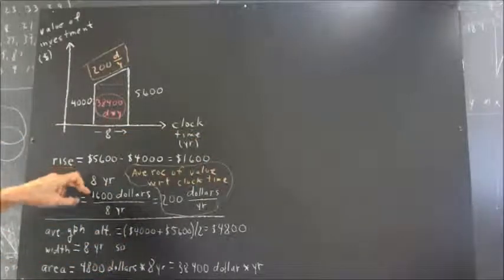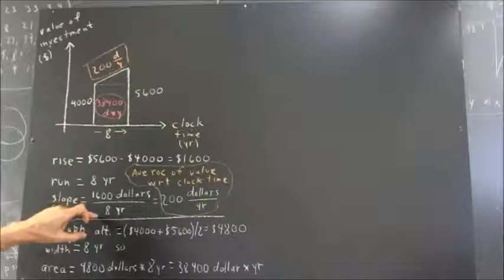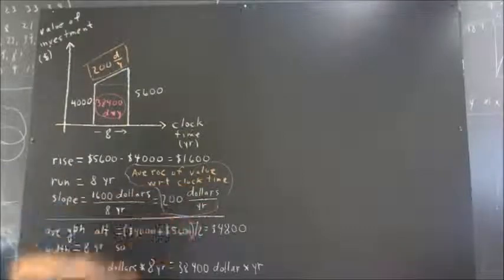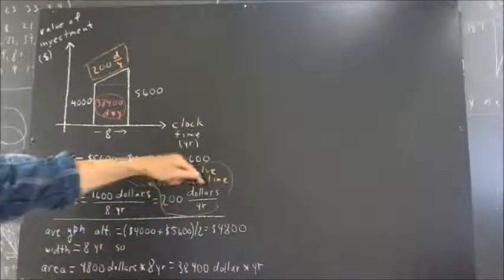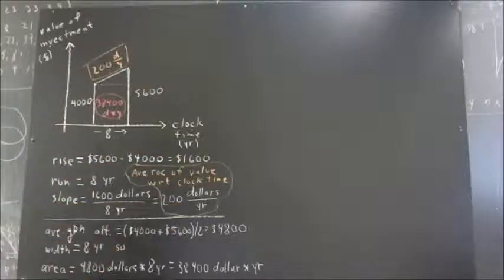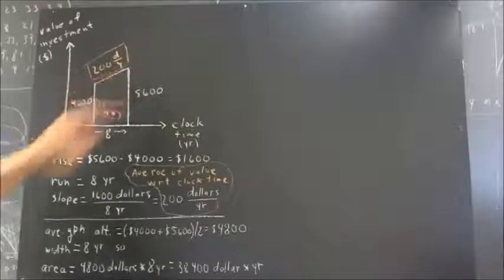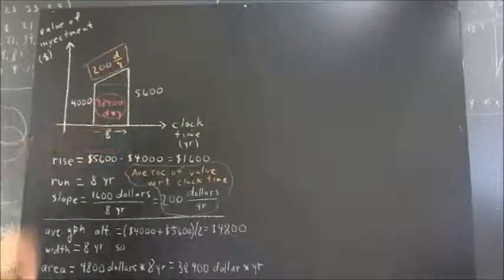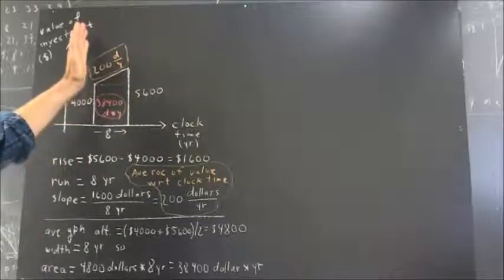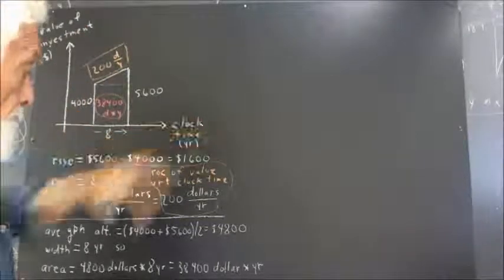Dividing the change in the number of dollars by the change in the clock time gives us the average rate of change, the average number of dollars per year. And in general, whenever you divide the change in graph altitude by the width, or the run, you get the average rate of change of whatever this quantity is with respect to this quantity.